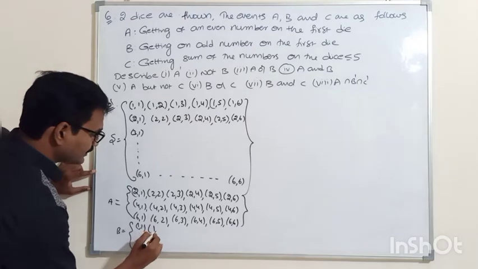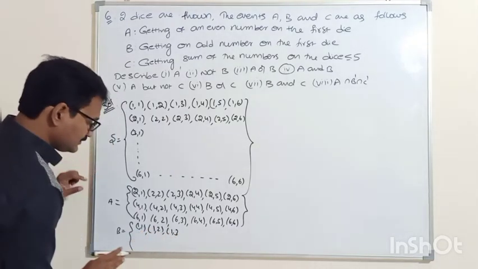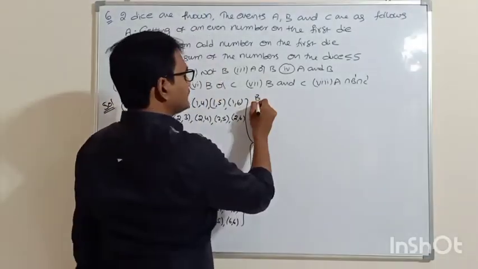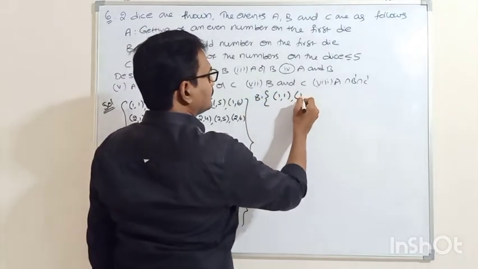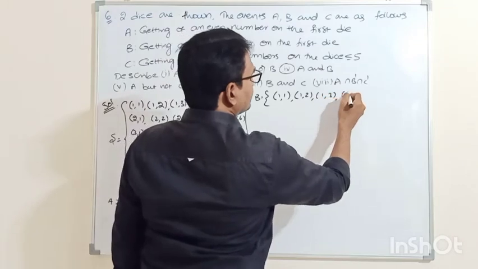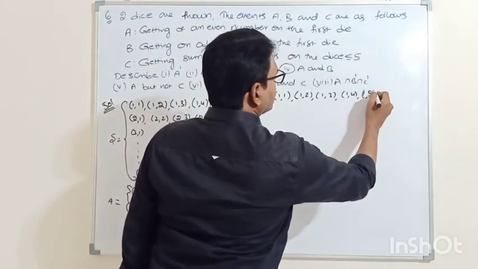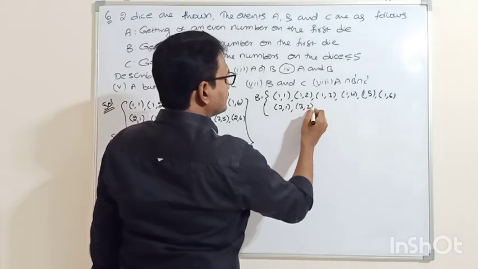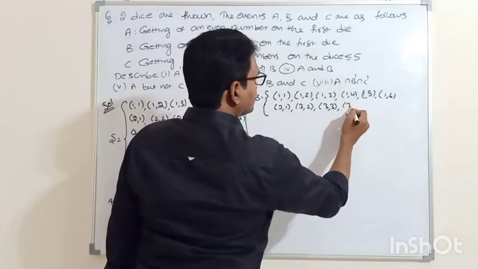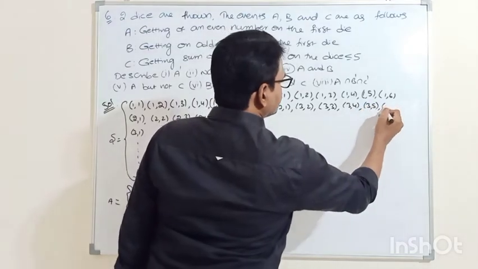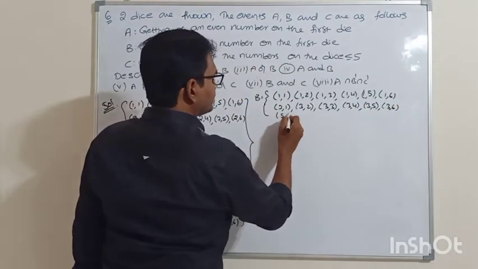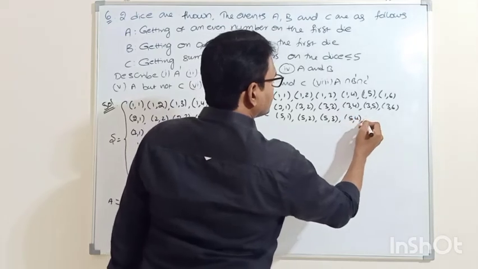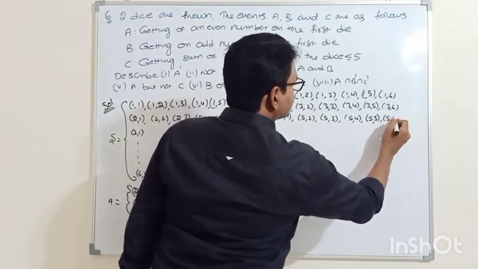Set B is 1,1, 1,2, 1,3, 1,4, 1,5, 1,6. Similarly, 3,1, 3,2, 3,3, 3,4, 3,5, 3,6, 5,1, 5,2, 5,3, 5,4, 5,5, 5,6.